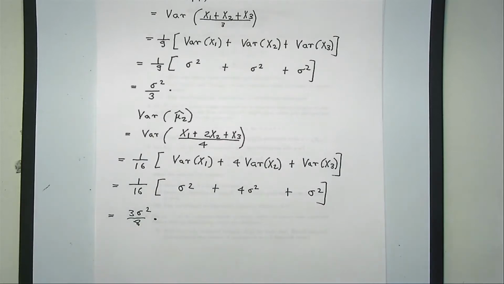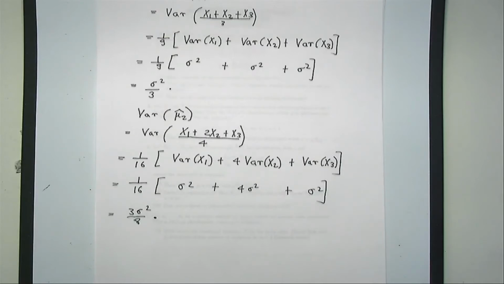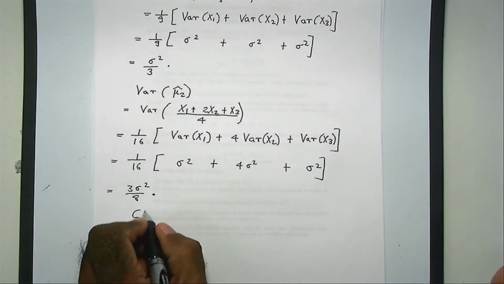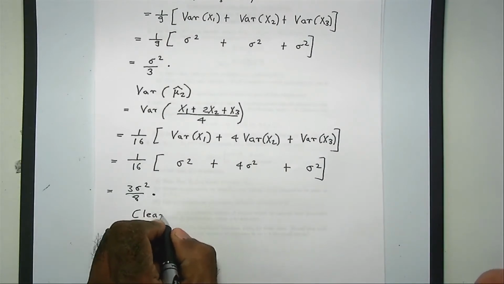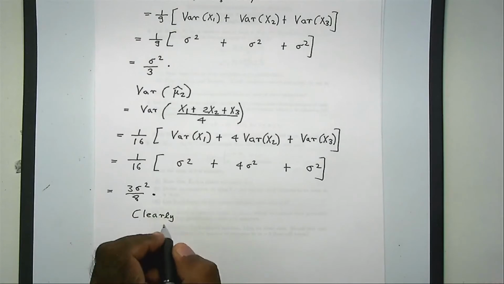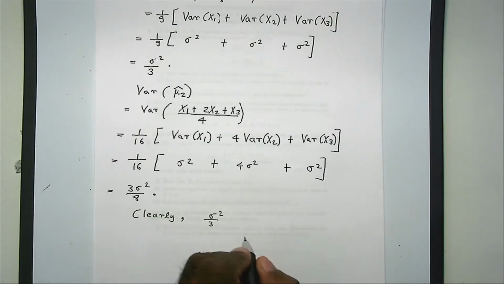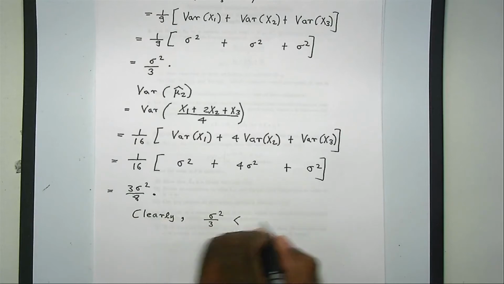Right, now we would prefer the estimator that has smaller variance. I mean, the smaller the variability, the better the estimator. Okay, so now in this case, clearly sigma squared by 3, right, is less than 3 sigma squared by 8.